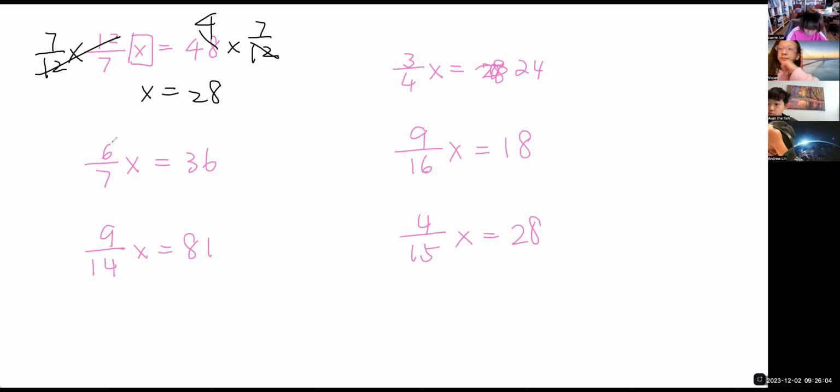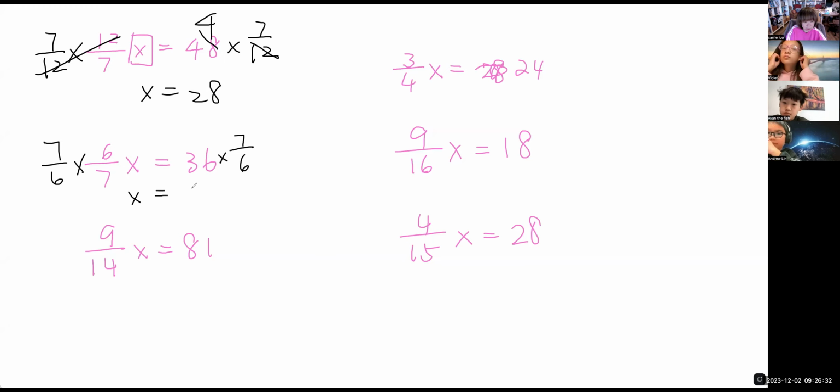I'm done. Okay, good job. So does everybody write? You're done? So I'm going to start to explain this one, okay? So Evan and Andrew and Violet, in order to get rid of them, very easy, I just times the reciprocal of this fraction, right?